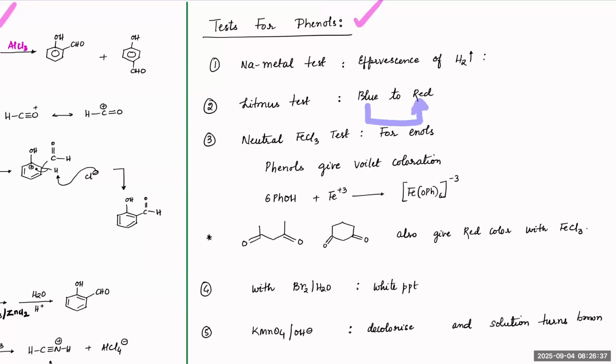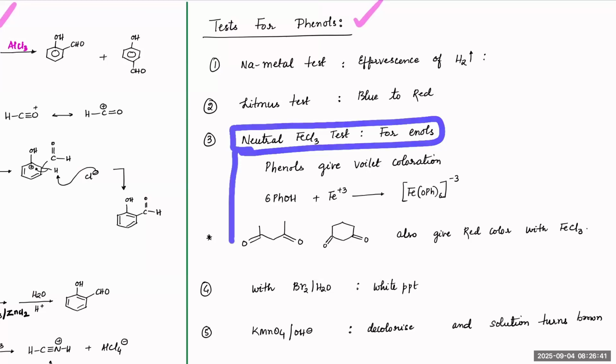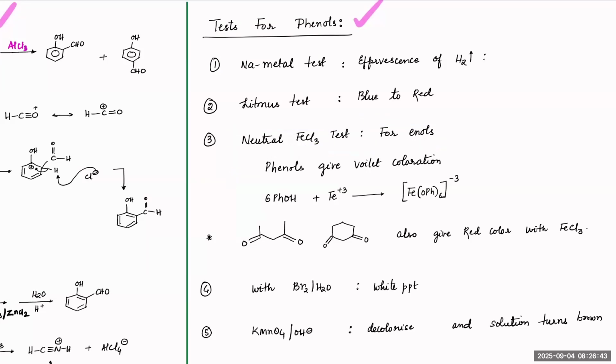Neutral FeCl3 test is the most important test for phenols. Usually, if I take any phenol and react with any Fe plus 3 salt, Fe would accumulate 6 phenoxide groups with it. And [Fe(OPh)6]3- is what is going to be formed here.